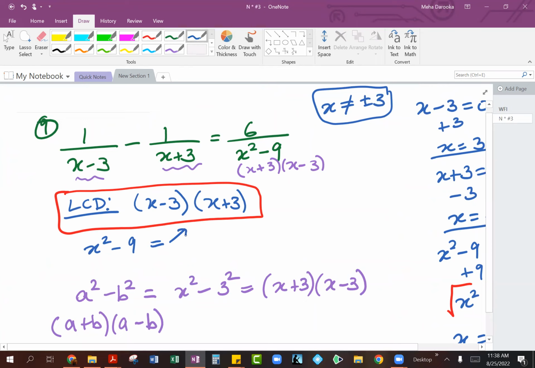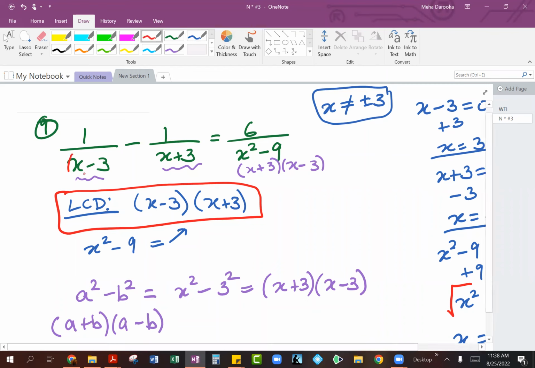So that again tells me our last expression over here already has both those denominators, right? X plus 3 and x minus 3. But then these ones are missing the other pair. So here, the first denominator, we need to multiply that with x plus 3 so that we can get both of them in there. And then the second fraction will multiply by x minus 3.